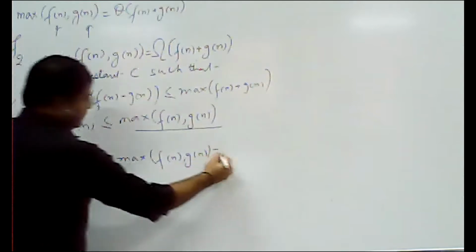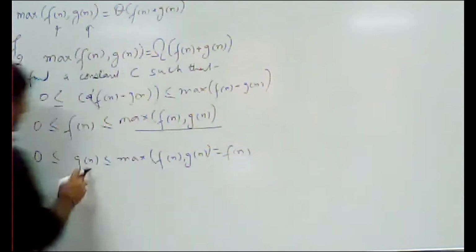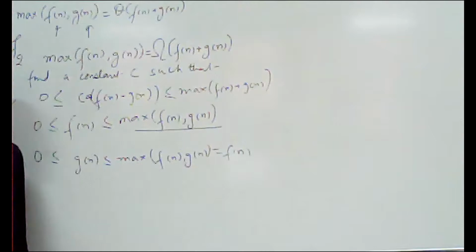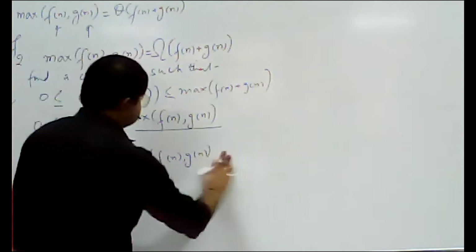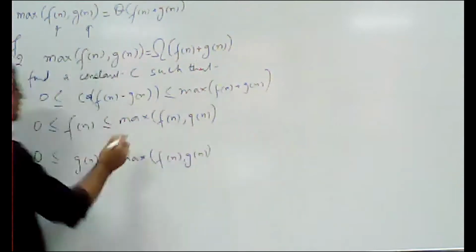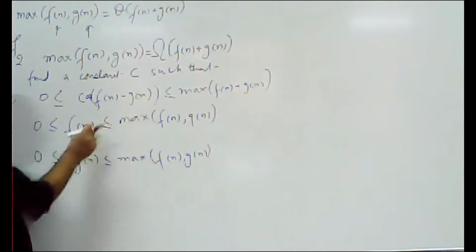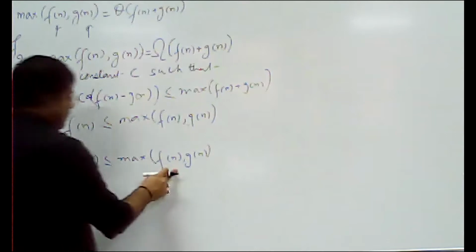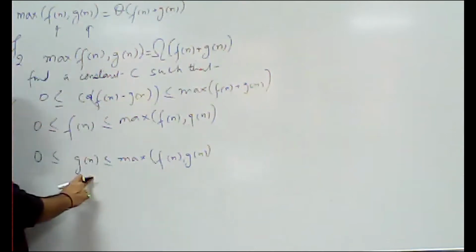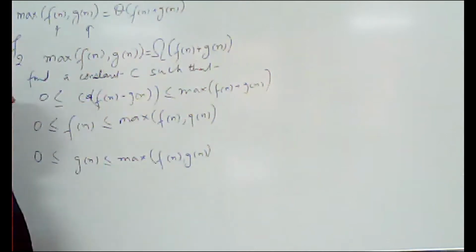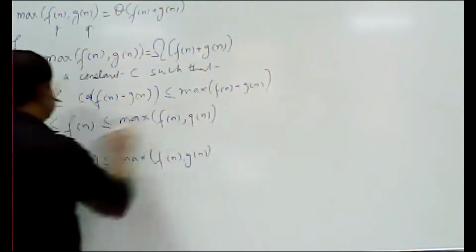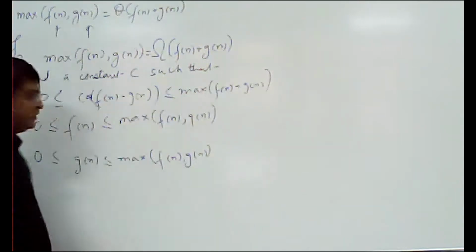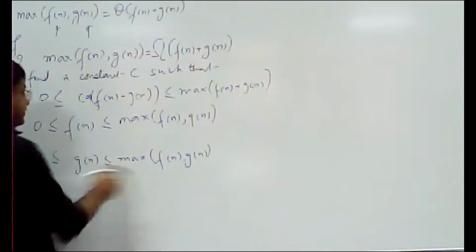And Gn is less than or equal to Fn, so again no problem in both the inequalities. Getting my point? Similarly, suppose Gn is greater, then obviously Fn is less than Gn, and here Gn is equal to Gn.